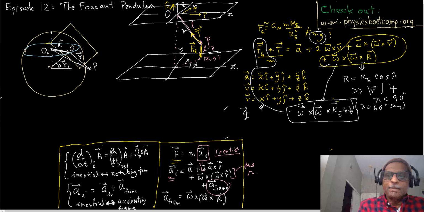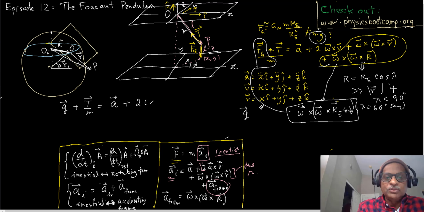So we'll get an effective g vector plus T over m, the acceleration of the particle, plus 2 times omega cross v.